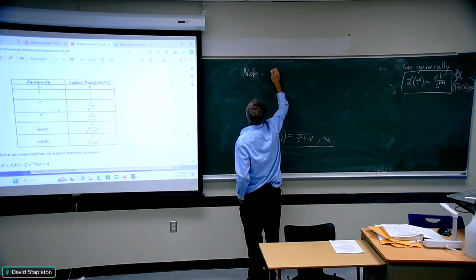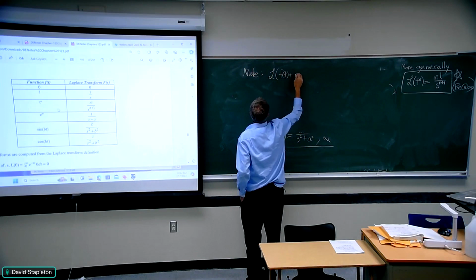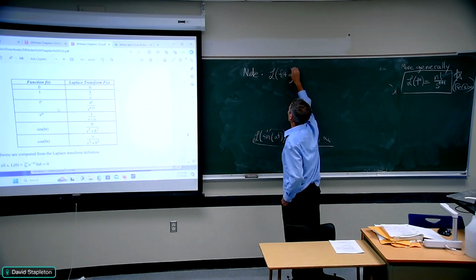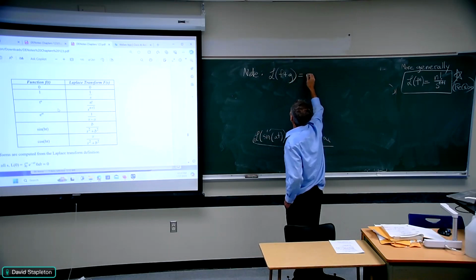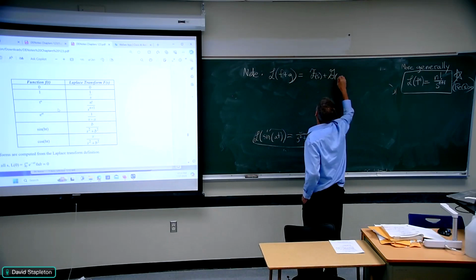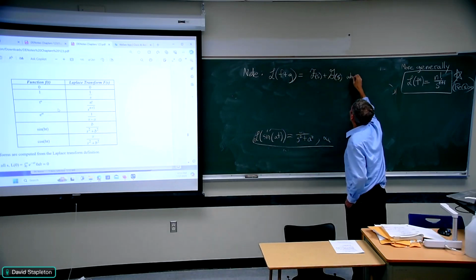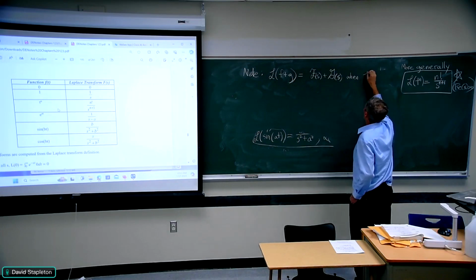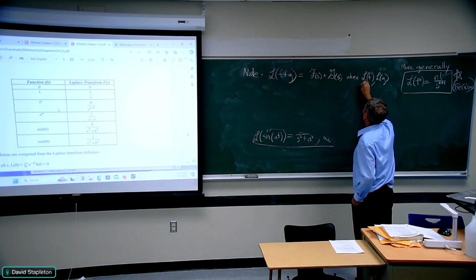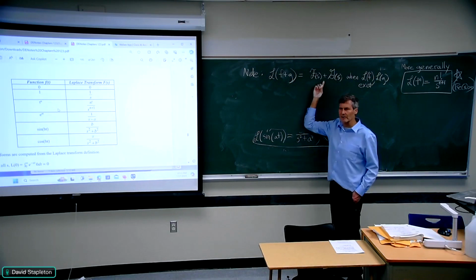If you have the Laplace transform of f of t plus g of t, something we might write in functional notation like this, Laplace transform of f plus g is equal to f of s plus g of s when the Laplace transform of a function f of t and the Laplace transform of g of t both exist. So if the Laplace transform exists, this is true. Can you think what the proof is? It's really trivial, actually.